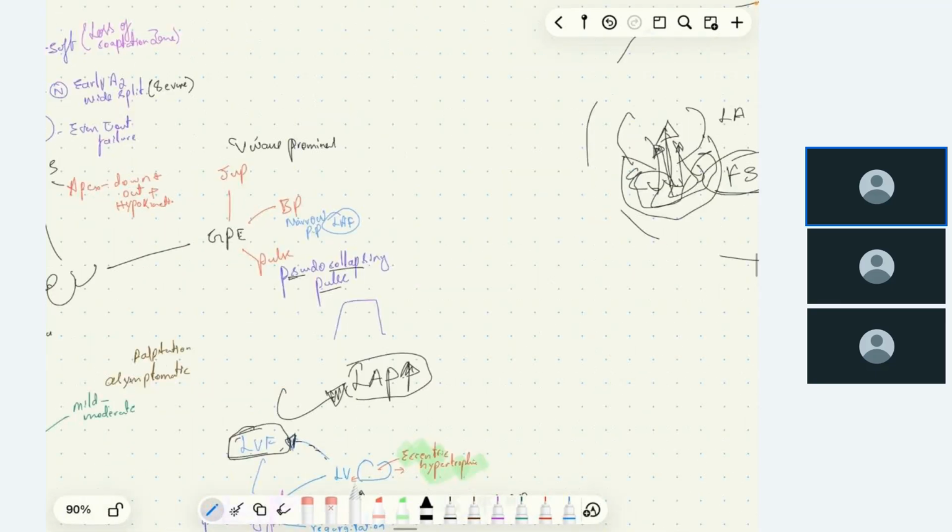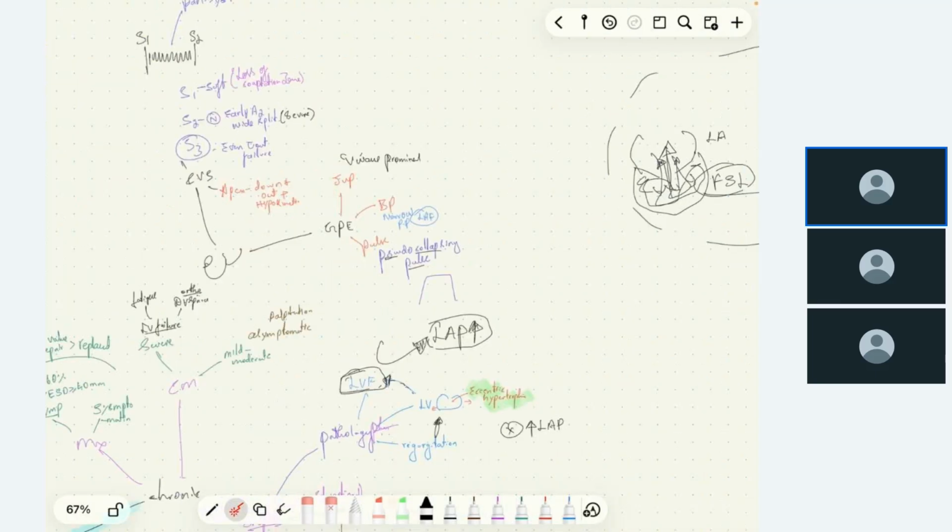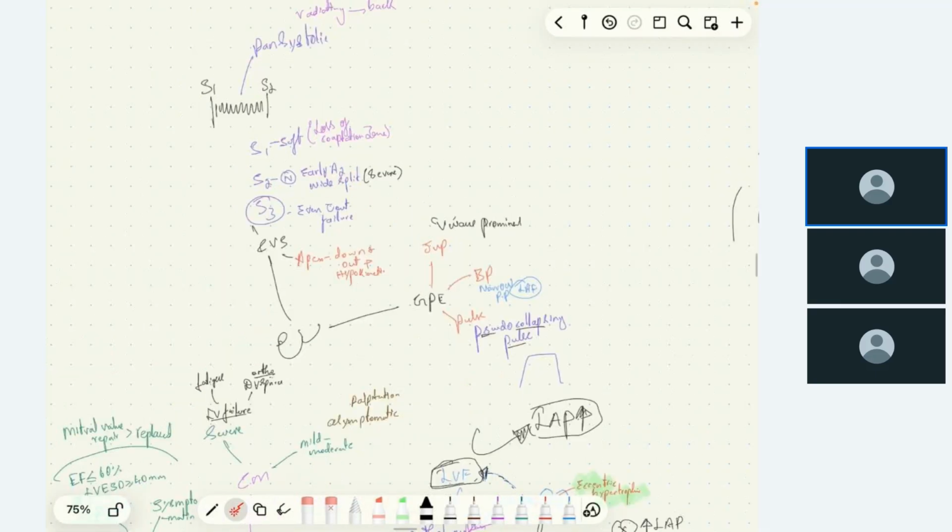Then due to left heart failure, the patient may have narrow pulse pressure, which is quite intuitive. And also on JVP, due to the increased contraction of the left atrium, we may have V wave prominence on JVP. What are the CVS findings?